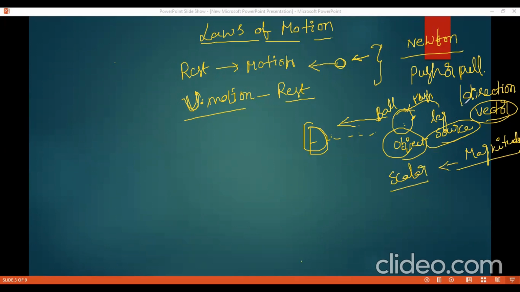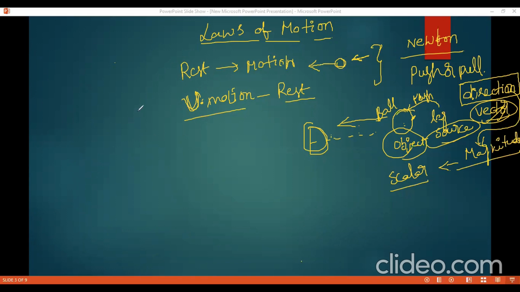And when you talk about direction in addition to magnitude, that is called a vector quantity. So here we are observing the direction, so we can say that force is a vector quantity. Okay, so what are the three things we observed?